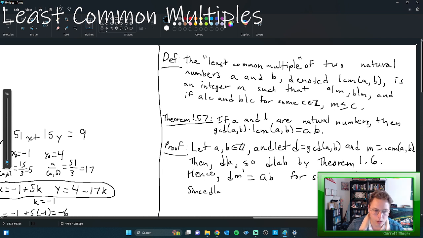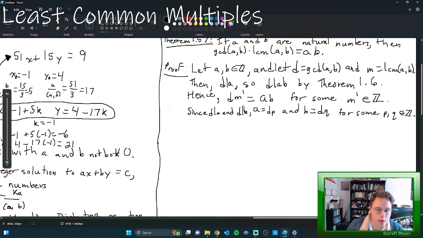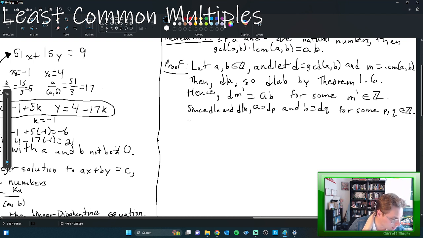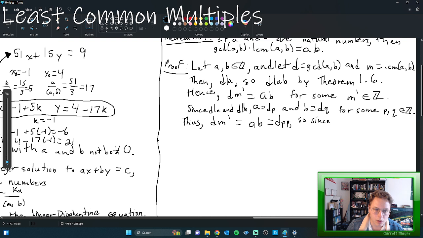Since D divides A and D divides B, A equals dP and B equals dQ for some integers P and Q. Okay, thus dm prime equals AB, which equals dPb.